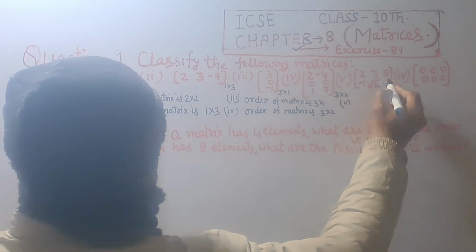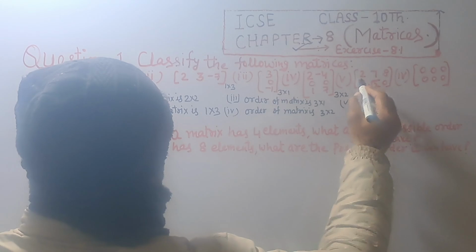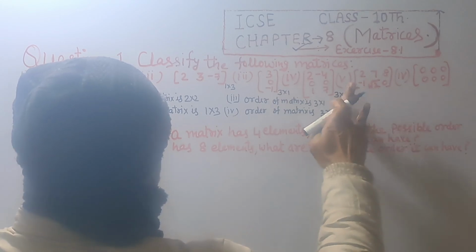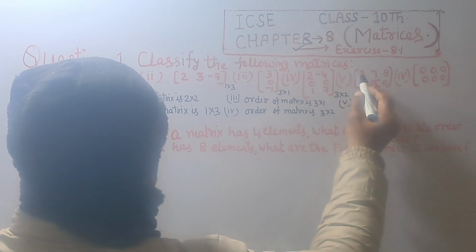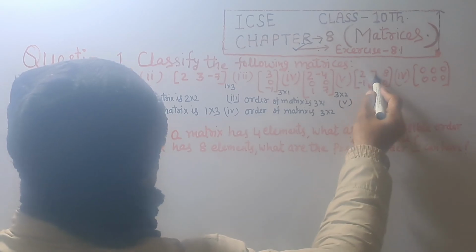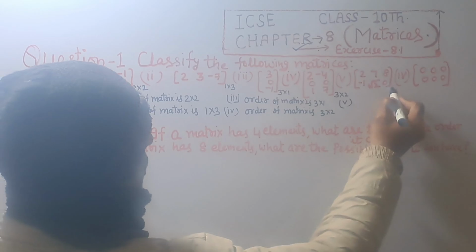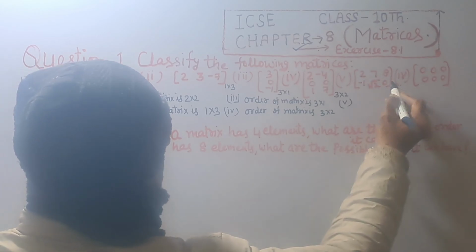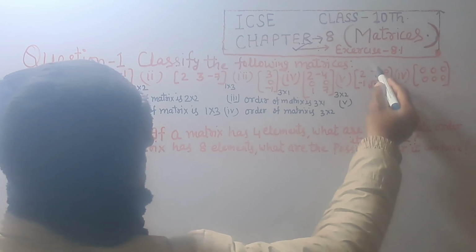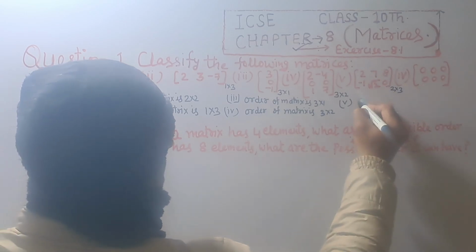Fifth part, that is 2, 7, 8, minus 1, root 2, 0. First row, second row. 2 rows, first column, second column, third column, 3 columns.